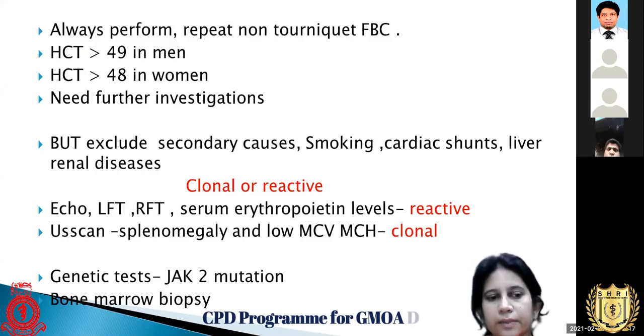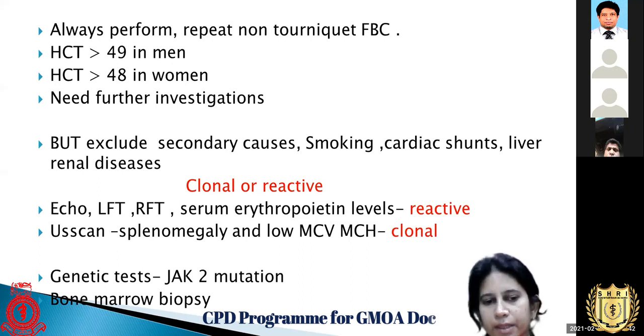Then you have to go on to the investigations: 2D echo, LFT, RFT, serum erythropoietin. If these are abnormal, then you are dealing with a reactive or secondary cause. Ultrasound scan, if you see splenomegaly, and if in your blood cell indices you see low MCV, MCH, that's more towards a clonal disease, primary polycythemia.